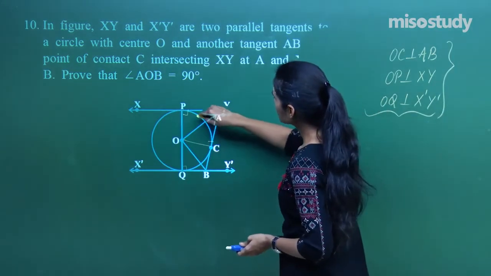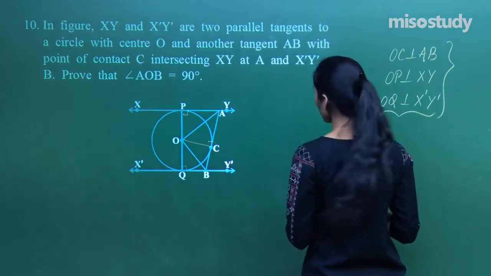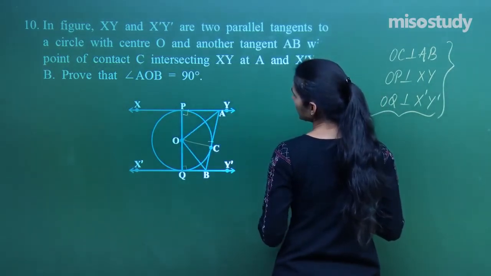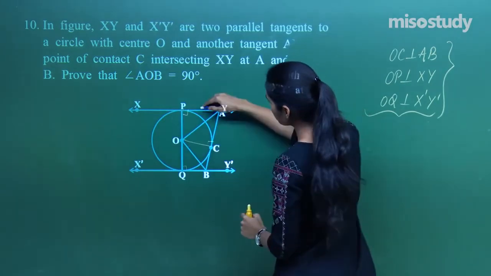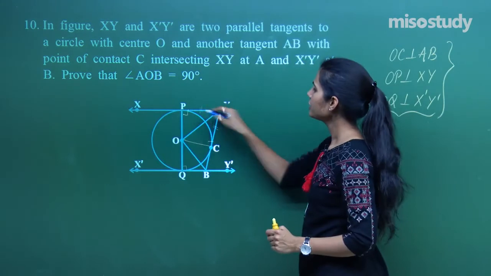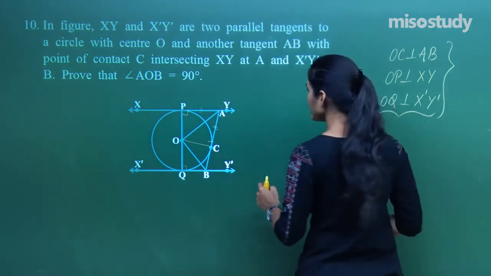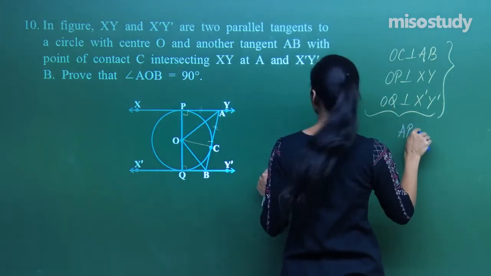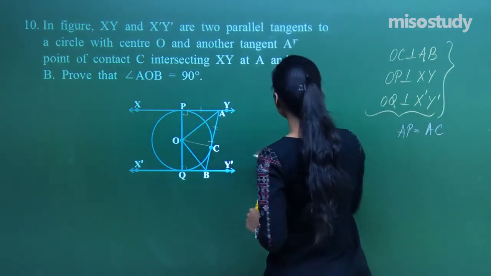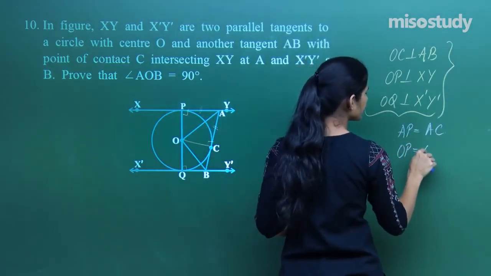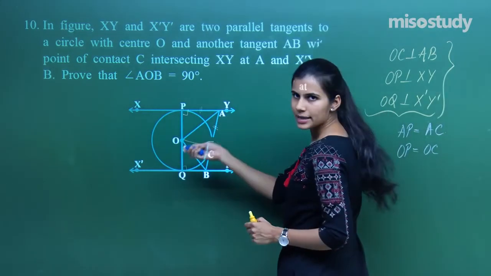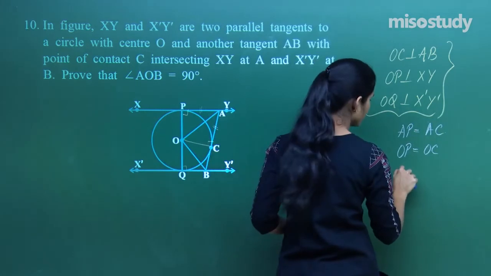Now, focus on these two triangles. You have AP is same as AC because from this external point A, I am having two tangents drawn, so they will be equal in length. Then you have OP is same as OC, both are equal to the radius. And you have OA is same as OA because it is the common line in both the triangles.